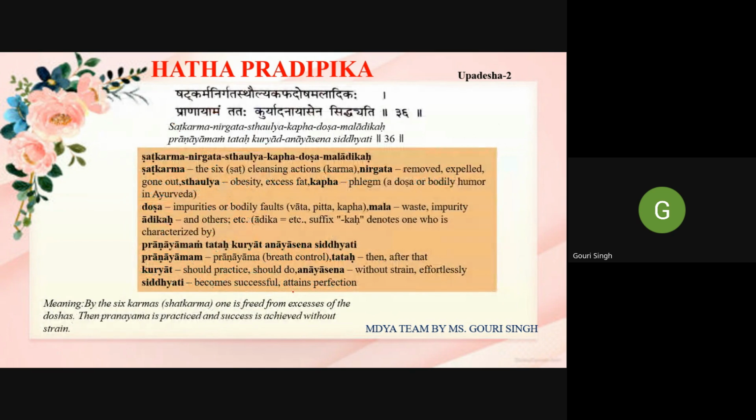Next. So after discussing these six kriyas, Swatmaram is telling about this: Satkarma nirgata staulya kapha dosha maladikam, pranayamam tataha kuryat ayasena siddhayati. First one needs to do the satkarma.